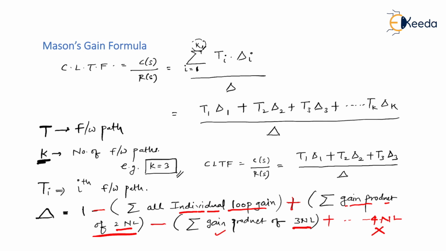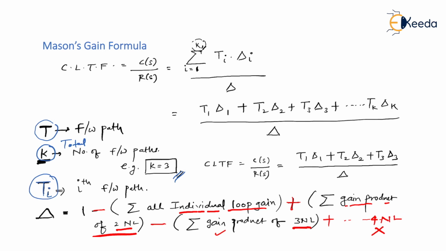See, I'll make you understand these things again. When I say T, it means it is a forward path. When I say K, it indicates the total number of forward paths. So when K is equal to 3, the numerator expands as T1 delta 1 plus T2 delta 2 plus T3 delta 3, and that's it, the whole divided by delta. When I say Ti, T indicates forward path, and I indicates the forward path number.